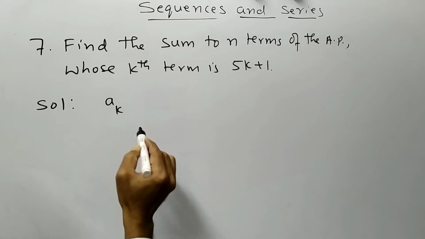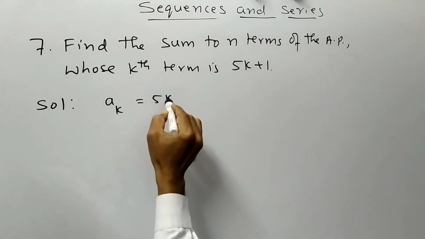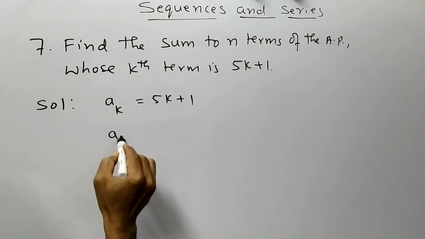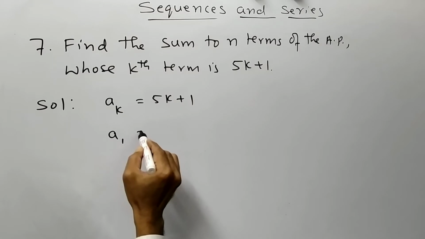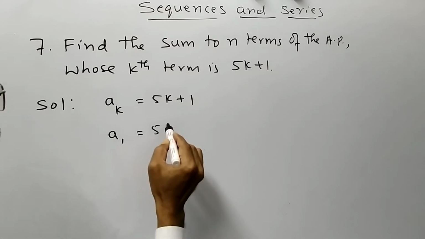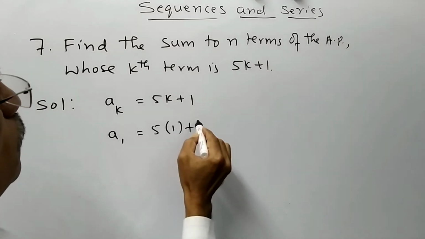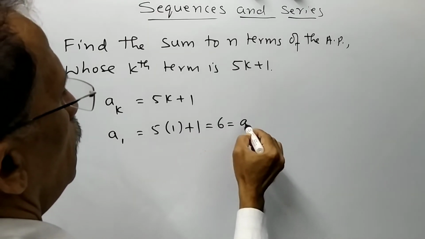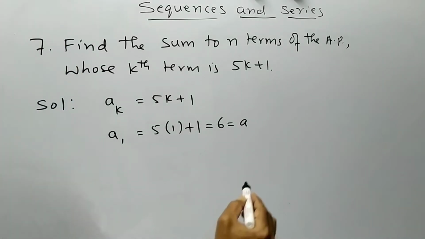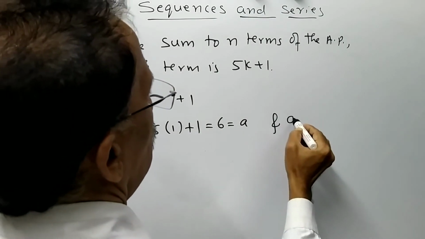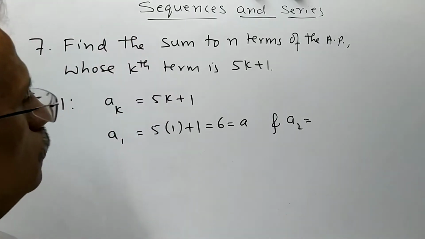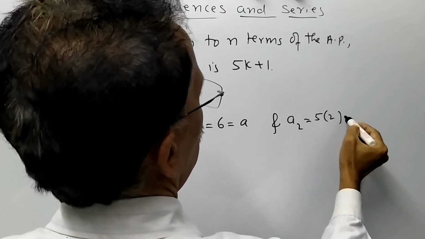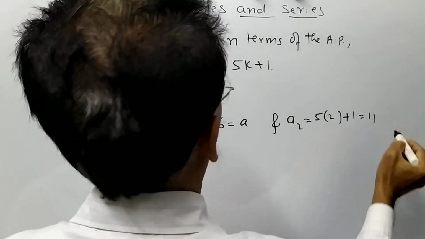Kth term, that is ak, is equal to 5k plus 1. a1, that is first term, is equal to 5 into 1 plus 1 is equal to 6, is nothing but a, and a2 is equal to 5 into 2 plus 1 is equal to 11.